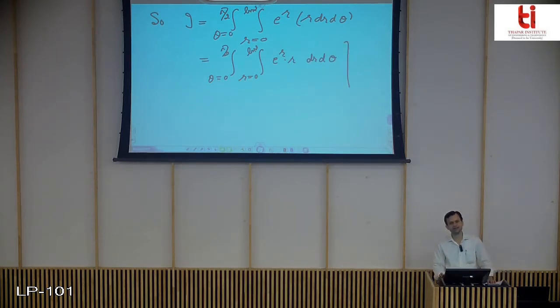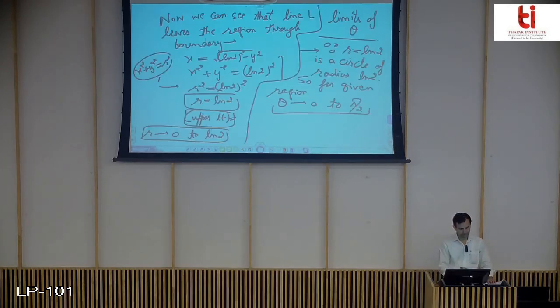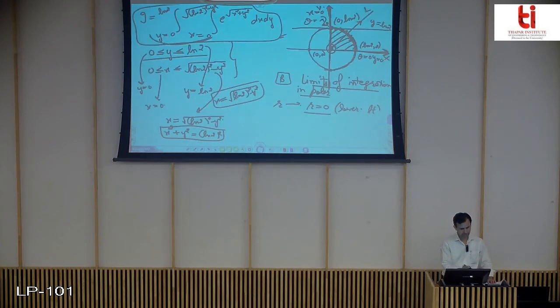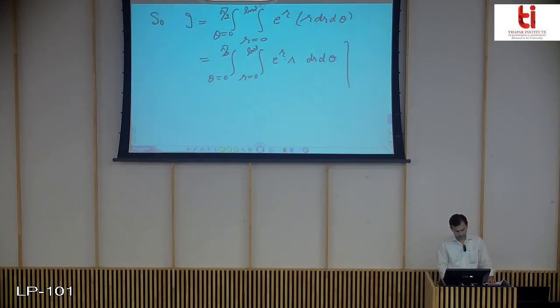This integral is easy to solve as compared to the integral that we were given in Cartesian. That was the integral in Cartesian, and when we switch to polar, meaning we change the limits of integration, we get this integral, which is easy to work with.